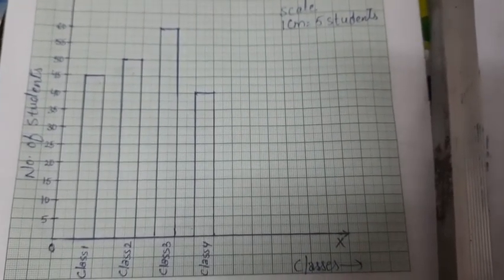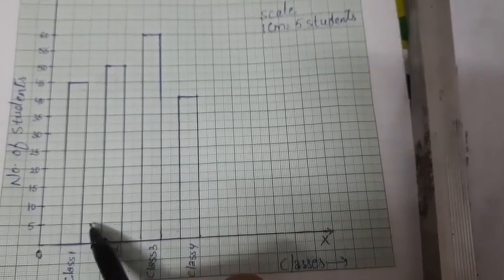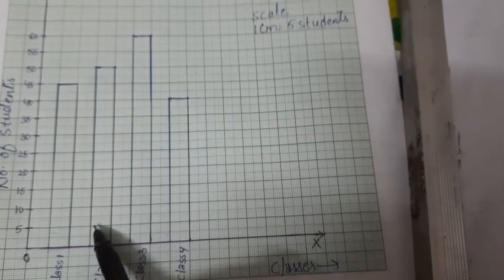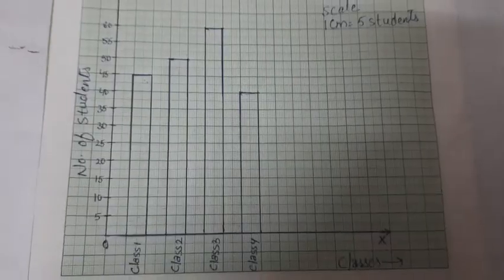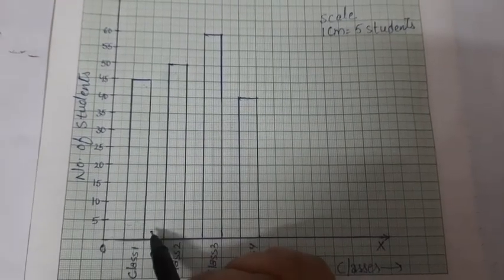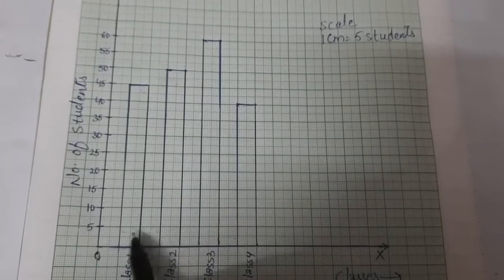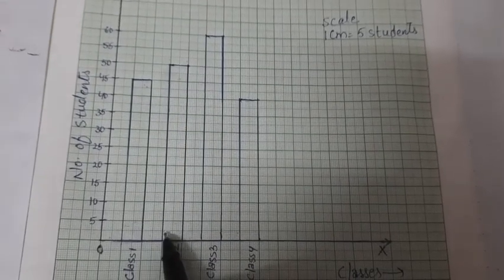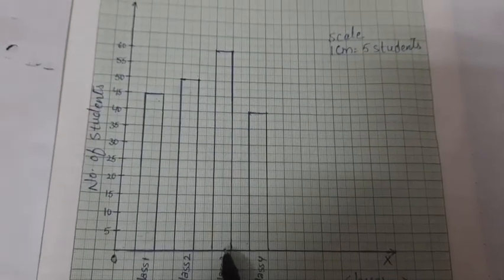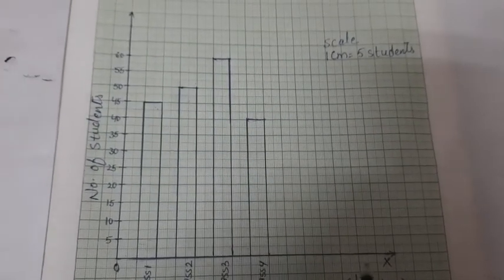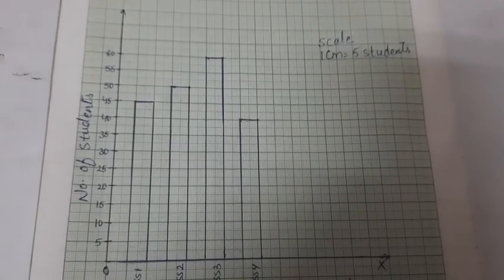But one thing you have to keep in mind, that the width of each bar should be same, and space between two bars should also be same. If the space between these two bars is 1 centimeter, then the space between these two bars should also be 1 centimeter. And the third thing is the graph must have the title.